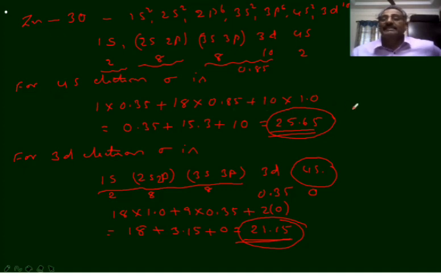If the screening constant is calculated, the effective nuclear charge can be calculated by subtracting this value from the actual nuclear charge.